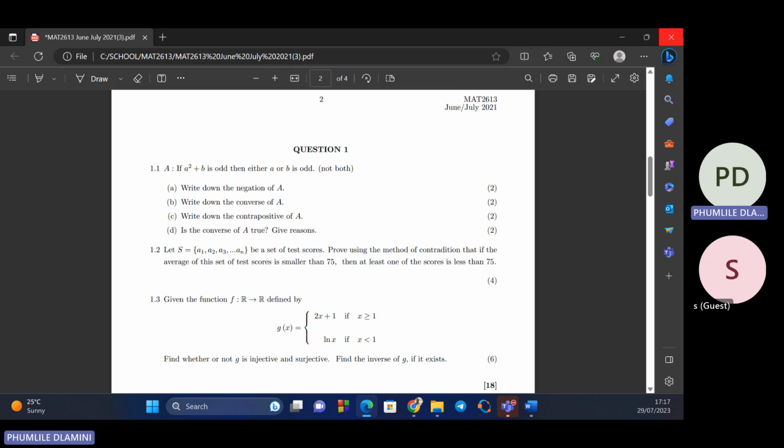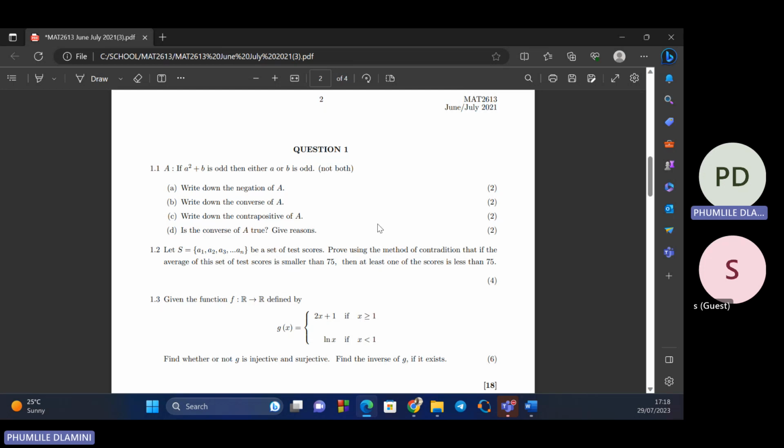No, this one says A plus B squared. Yeah, I saw that, but even if it's A squared plus B squared, it does not really affect. So let's check: write down the negation of A. They say if A plus B squared is odd, then both A and B are even.